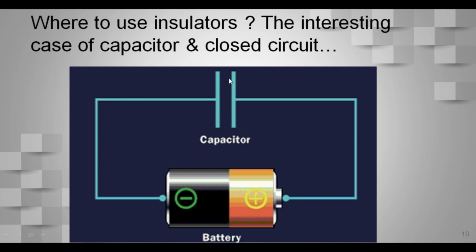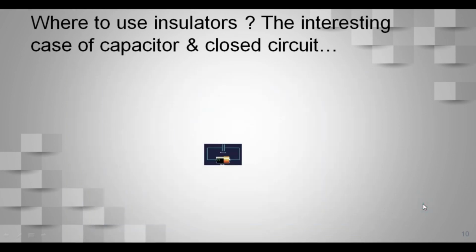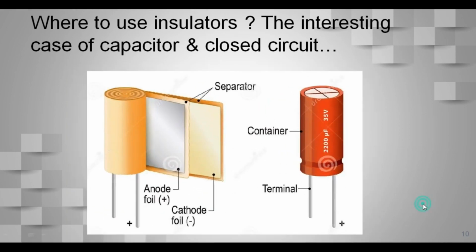So, there is no connection between these two plates. So, can we call it a closed circuit? Yes, still we can call it a closed circuit because it uses the transfer of flux inside the plates. That is a very important concept we are going to study in next sessions. So, this is about the insulators.